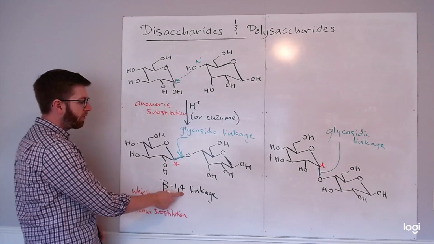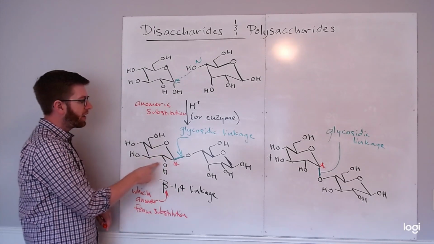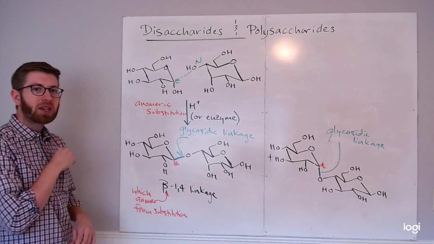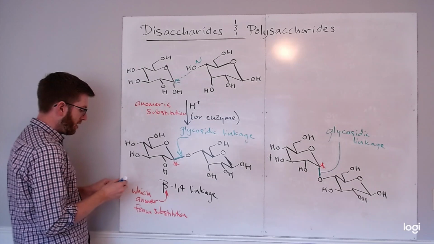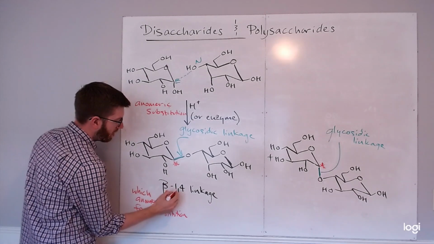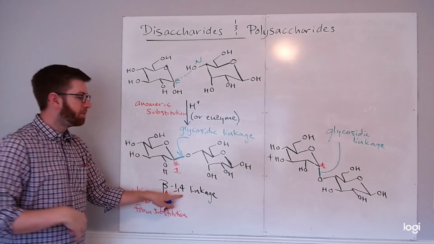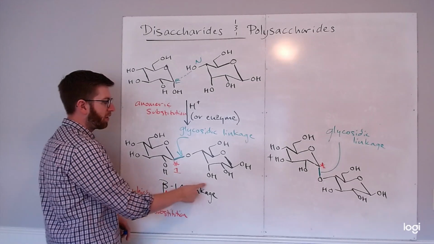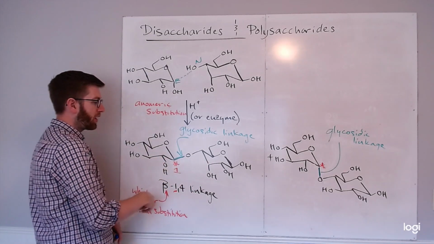The 1 and the 4 tell me about the linkage between the carbon count for one pyran and the carbon count of the other. So we know that carbon 1 is the anomeric position. So carbon 1, and then this other number will be the carbon number that's linked through an ether to the carbohydrate on the left.